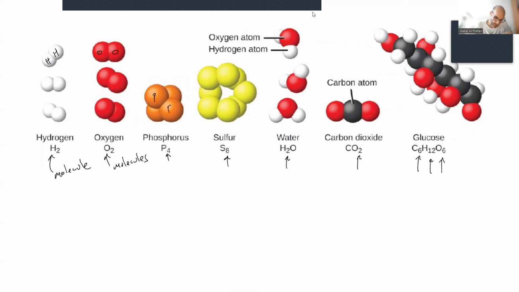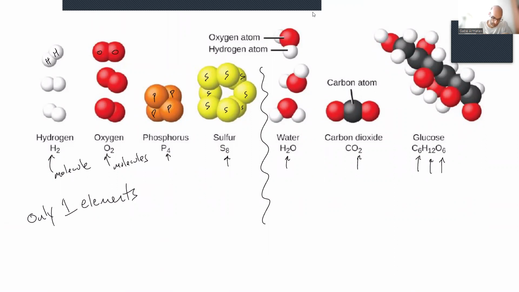Phosphorus actually comes as P4, so we have 4 phosphorus atoms together. This is sulfur. Each one of these little balls is sulfur, and we've got a bunch of these. Then water, something we should know well. These first ones we're going to call elements, or rather, each of these only has one element present.